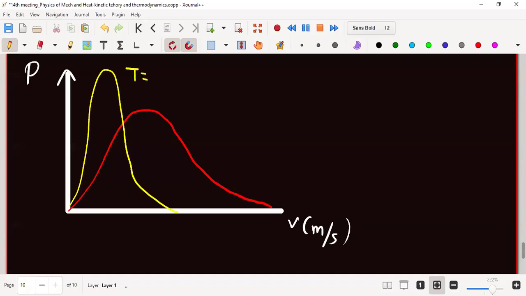I mean that at lower temperature, the speed will be lower. This one is for 80 Kelvin, and this one for temperature 300 Kelvin. So the most probable speed in 80 Kelvin is around 200 meter per second, and for 300 Kelvin, the most probable is around 400.